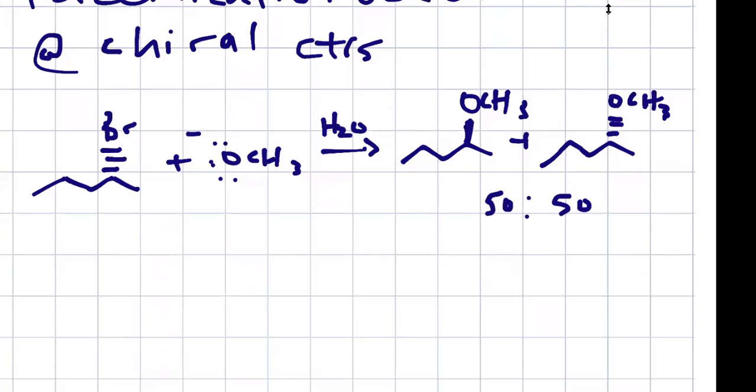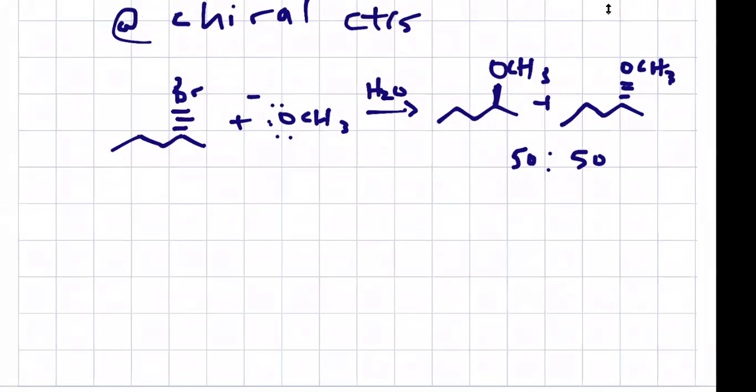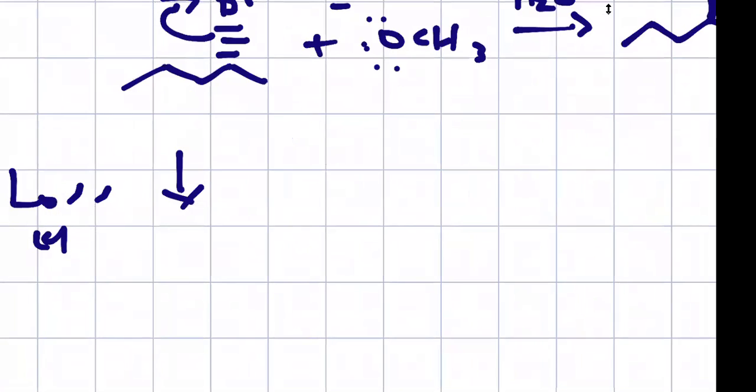All right. The reason for that is simple. If I show the mechanism, the first step is loss of the leaving group. So if I lose that leaving group, what do I get after that?